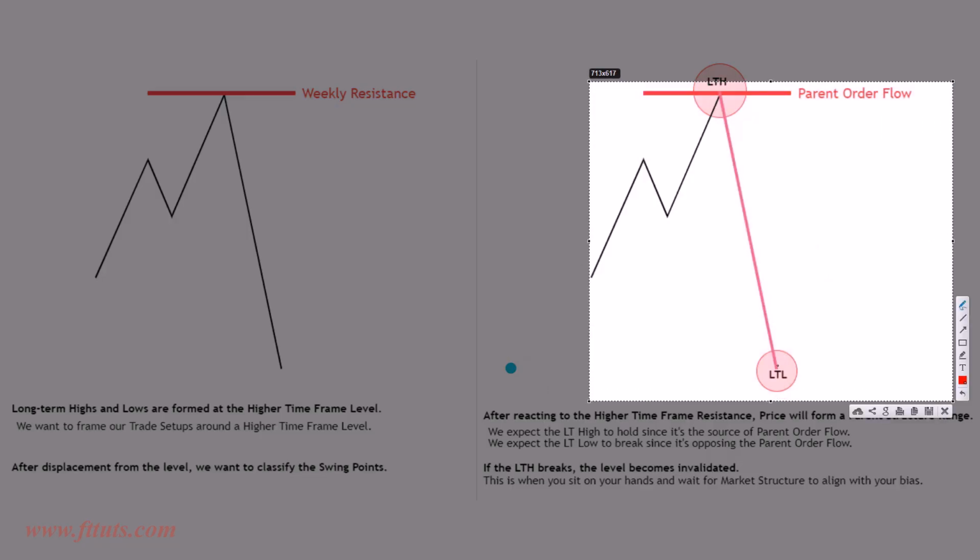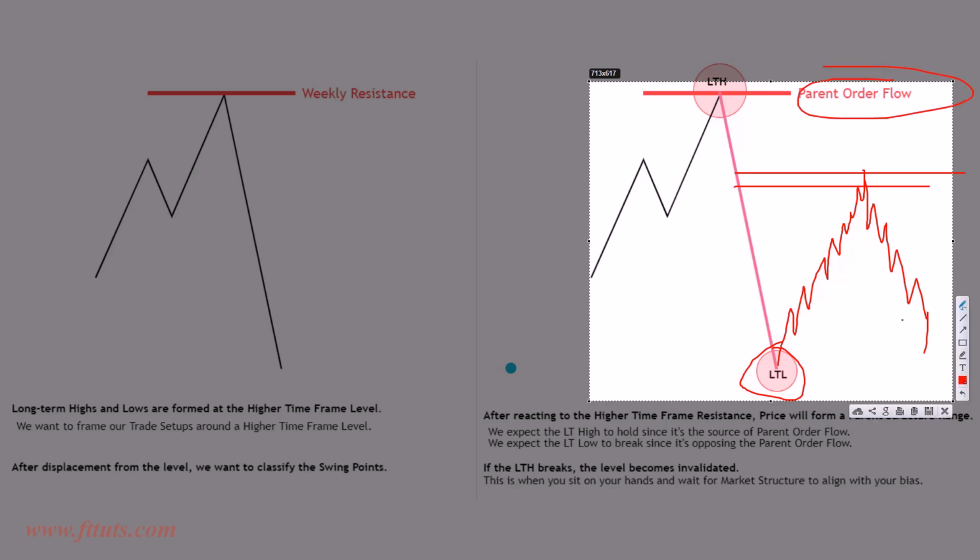So price in subordinate structure can just start retracing until it hits another key level. And then it's going to trade lower, and we're going to expect this low to break since it's opposing the parent order flow. Refer back to video 1 and you'll know what I mean when I talk about parent order flow.